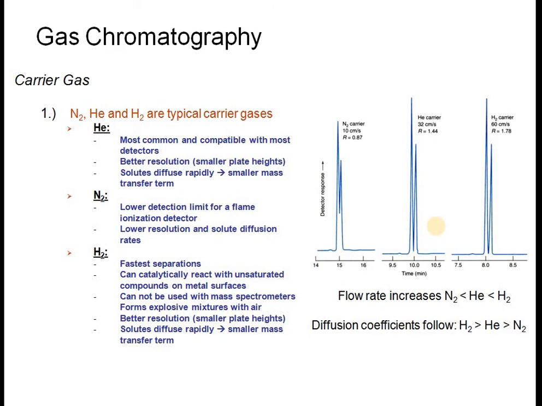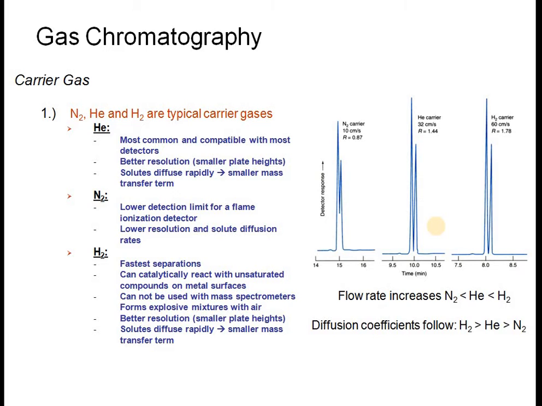In gas chromatography, the carrier gas is helium, nitrogen or argon. Why use helium in this technique? It is the most common and compatible with most detectors. Better resolution: solutes diffuse rapidly, smaller mass transfer term. Why use nitrogen? Nitrogen gives a lower detection limit for a flame ionization detector, but lower resolution and solute diffusion.